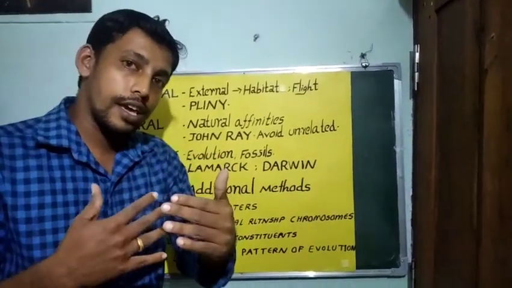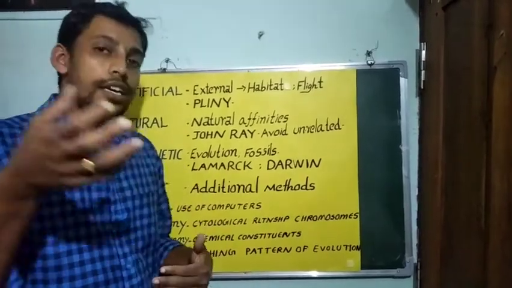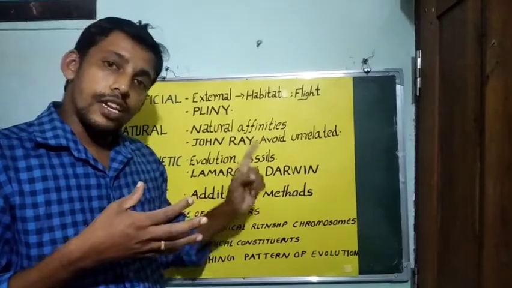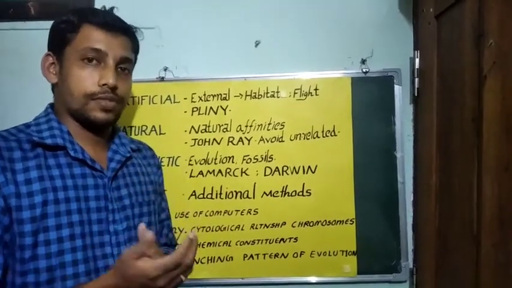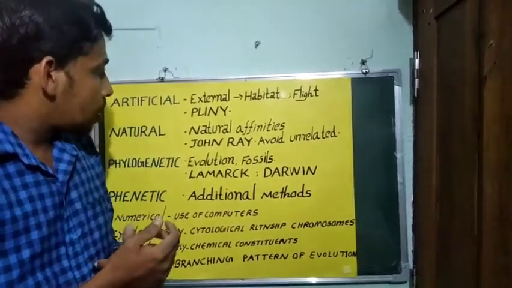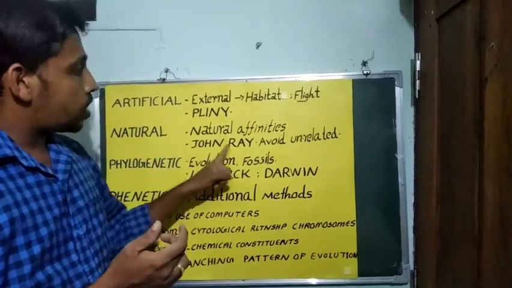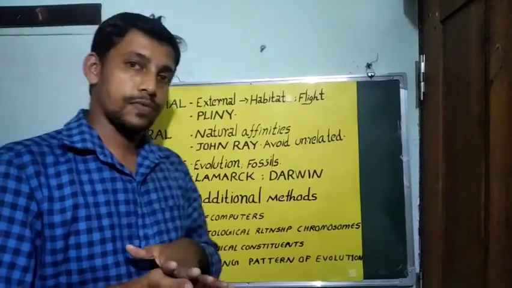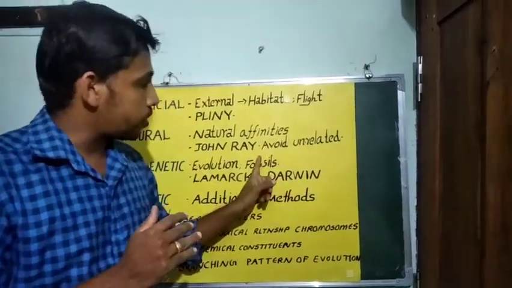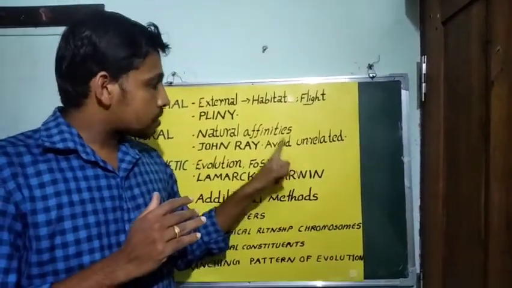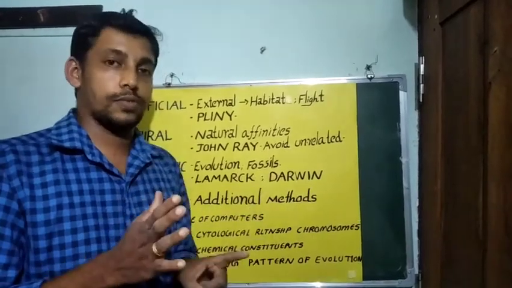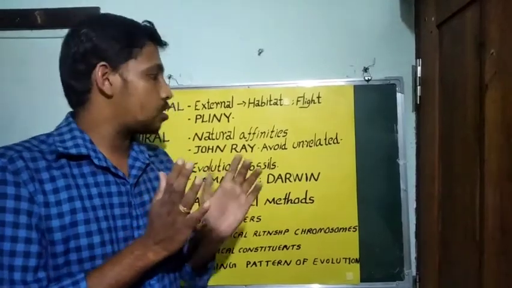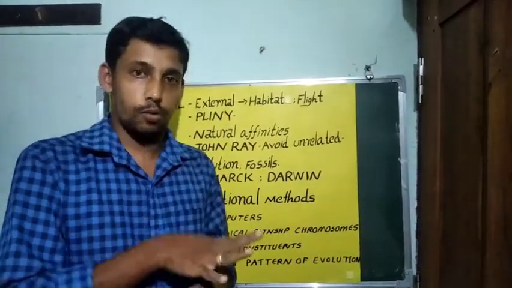Here we are considering external as well as some internal characteristics of organisms. John Ray was the first one who proposed this type of classification, and this classification avoids the inclusion of unrelated organisms in the same group.